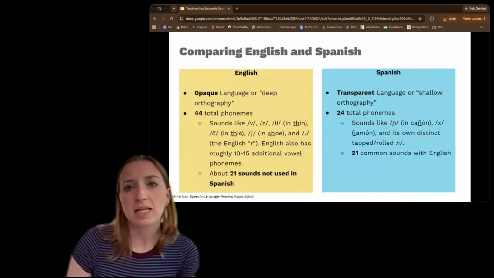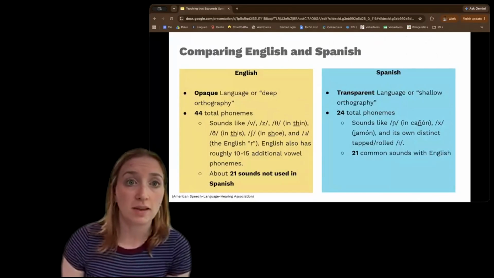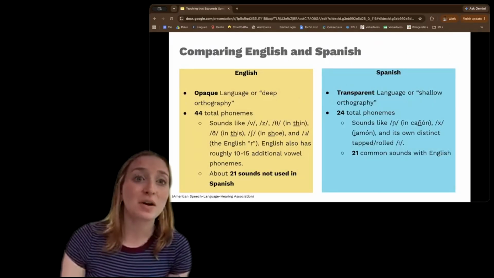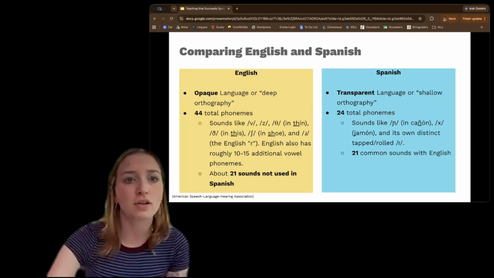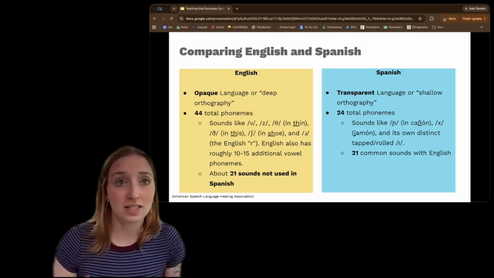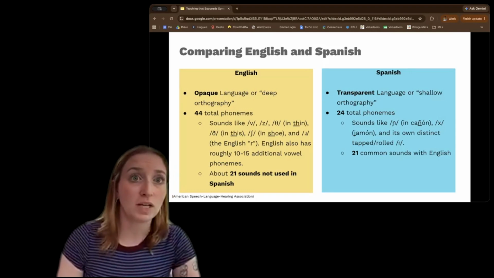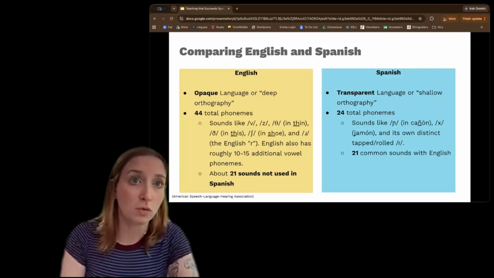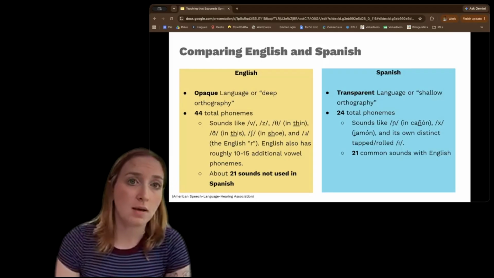This essentially means that there's consistent one-to-one correspondence between sounds and letters within the language. And English is an opaque language with a very, very deep orthography, meaning that our letters and sounds do not consistently relate to one another, and we often use 1 or 2 or 3 or 4 letters to represent one sound that's spoken in English.